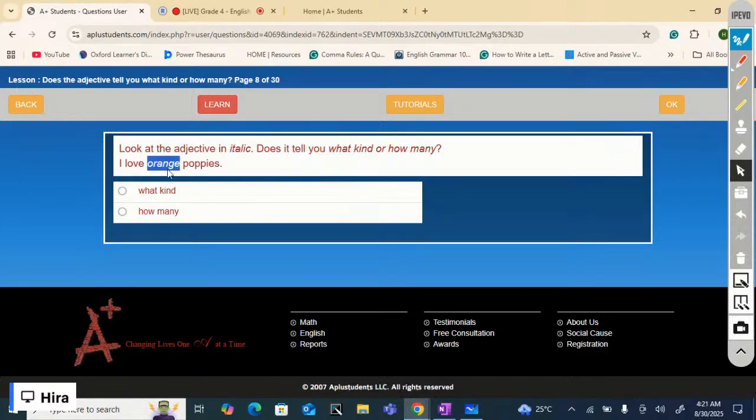Well, orange poppies. What kind of poppies? So, if the answer is orange, the adjective is describing this noun poppies and it answers the question what kind.